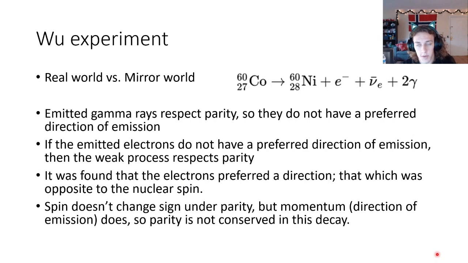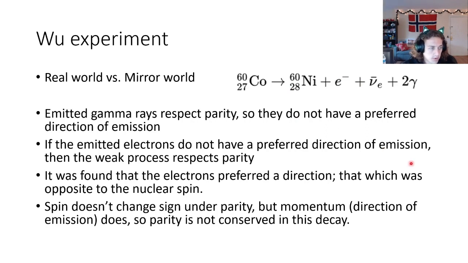Since spin doesn't change under parity, because spin is an axial vector, the fact that the electron will emit opposite the direction of spin every time shows that parity isn't conserved, because as we apply parity, spin doesn't change, but all the other spatial coordinates do, so the direction of the electron emission changes sign as well. So this was a huge experiment in showing that parity is not conserved in beta decay, or more specifically the weak interaction.